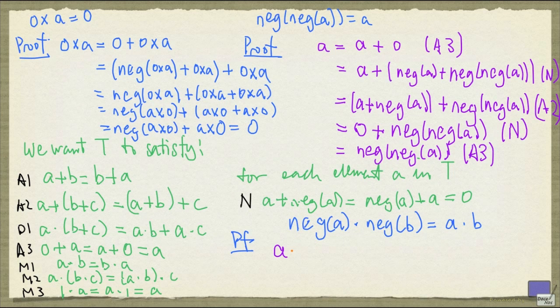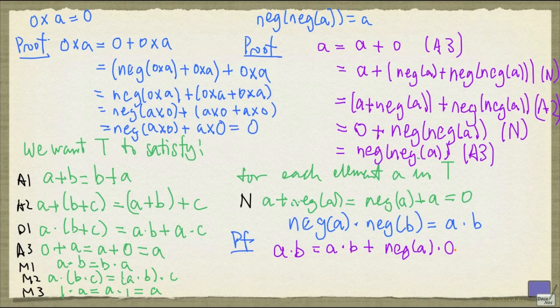I'm going to start with the right hand side. So A times B is the same as A times B plus 0, and that's by rule A3. But 0 is the same as the negation of A times 0. This is obtained by what we have just proved and the rule m1.